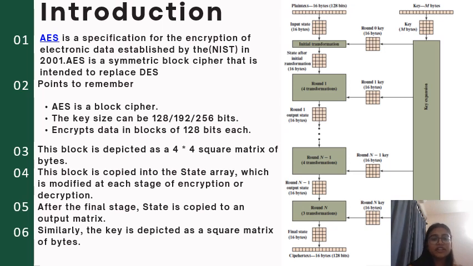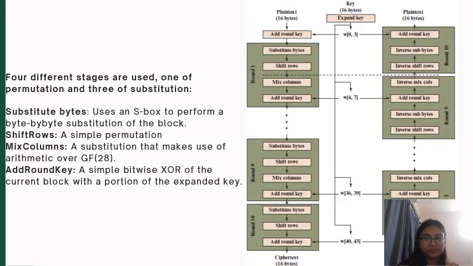After this, the final state is copied to an output matrix and sent to wherever it has to be stored. The last point says that the key, which we get in m bytes, is also converted into a square matrix in order to move further with the manipulations.